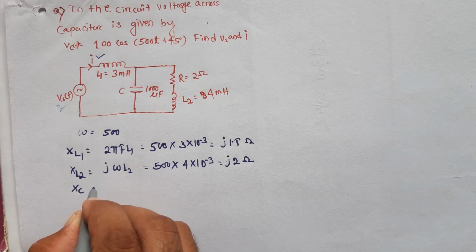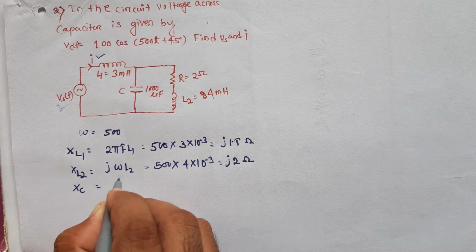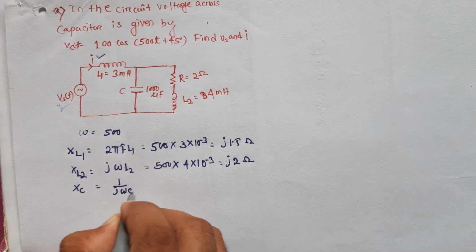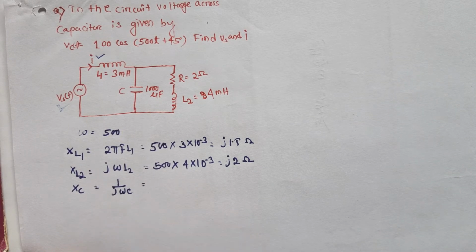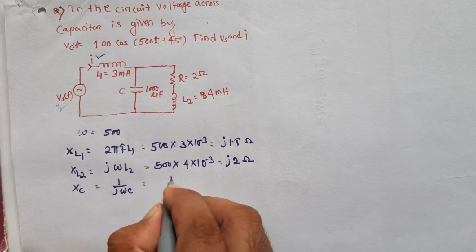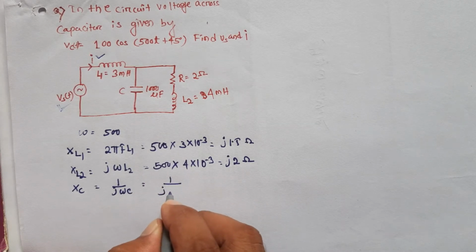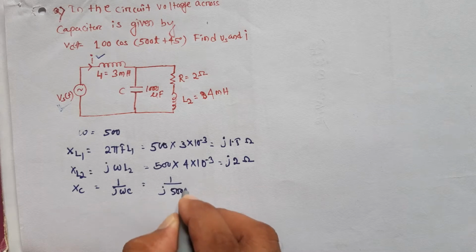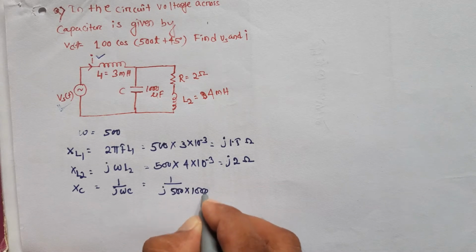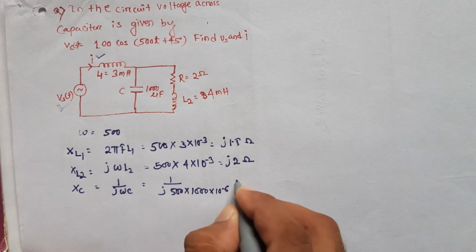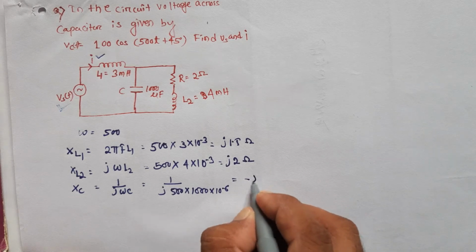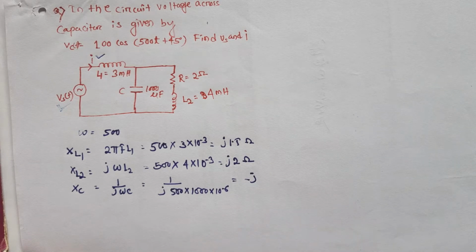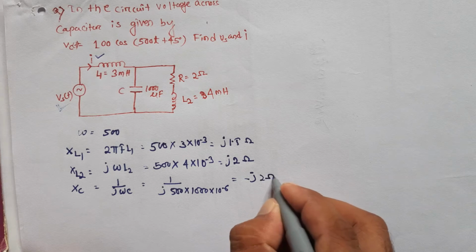XC is equal to 1 by j omega C, which is equal to 1 by j, 500 into 1000 into 10 to the power minus 6. You can find this value as minus j2 ohm.